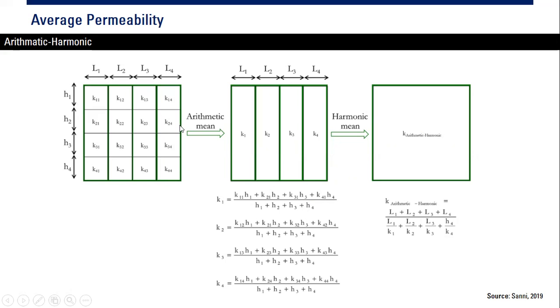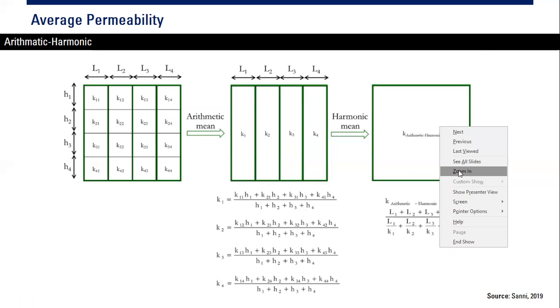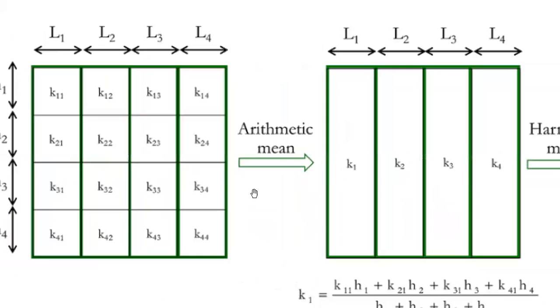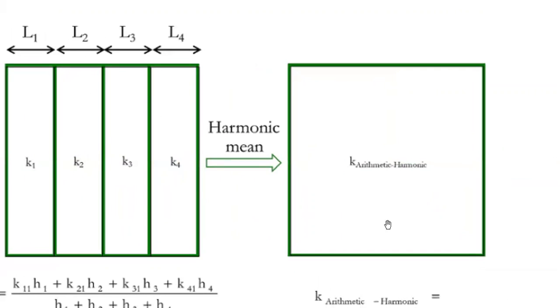You do arithmetic averaging, arithmetic mean, then you will have these 4 layers. But they have the same thickness. And then you do harmonic averaging, then you will only have one average permeability. So this is very useful. You can simplify this heterogeneous rock into one homogeneous rock, but it is average.